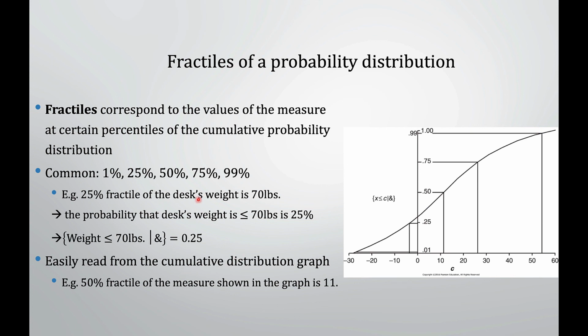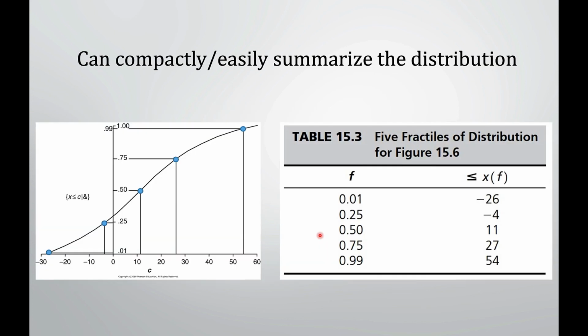And we can find these 5 percentiles for this distribution of the temperature, and then we can get a table like this. So the 1% fractile corresponds to -26 degrees, and the 25% fractile corresponds to -4, 0.5 corresponds to 11, 0.75 corresponds to 27, and 0.99 corresponds to 54.